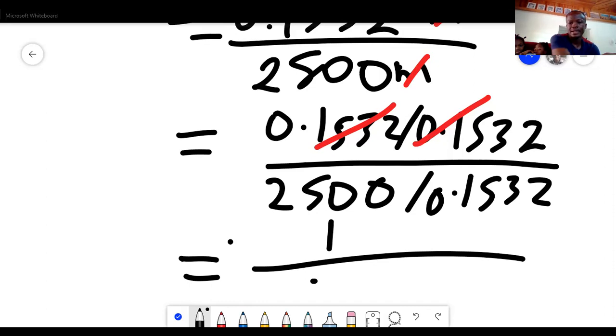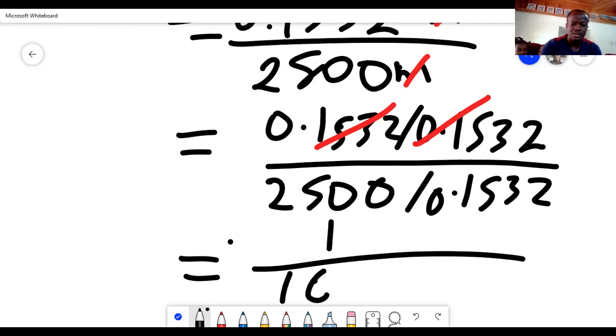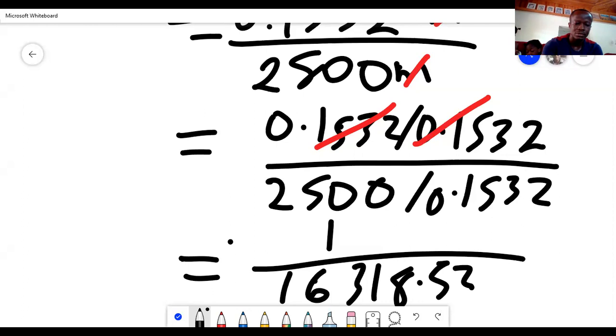2,500 divided by 0.1532. Let me use my calculator here. And so that gives you the scale. That gives you 16,300. So approximately, in fact, it will give you 16,318.53. But scale is always rounded.